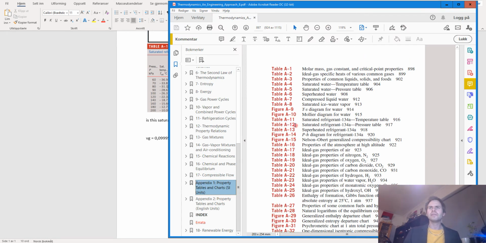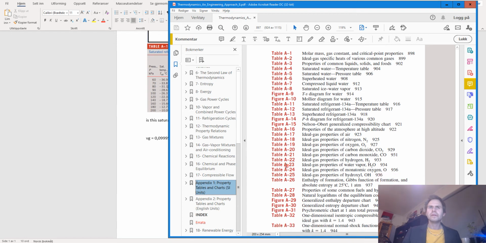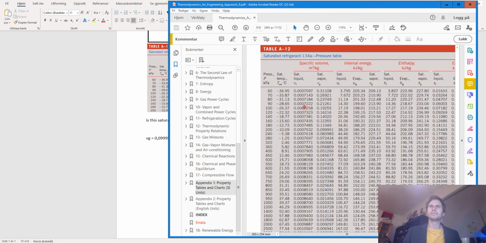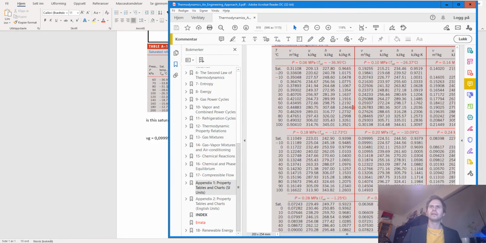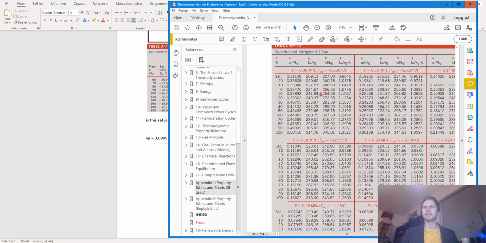Okay, what table is it? Let me see. Superheated refrigerant, page 918. There we go. Here is the saturated, and here is the superheated. Let's find the 200 kilopascal, and you can see here.